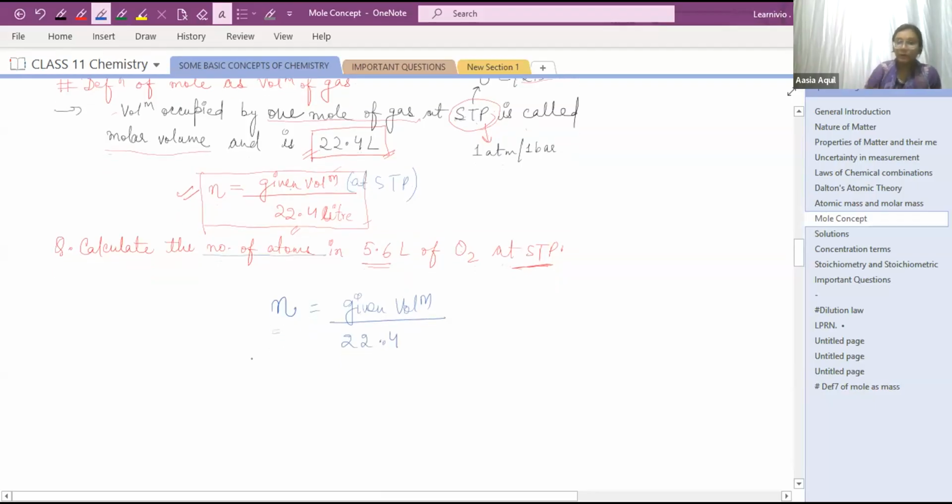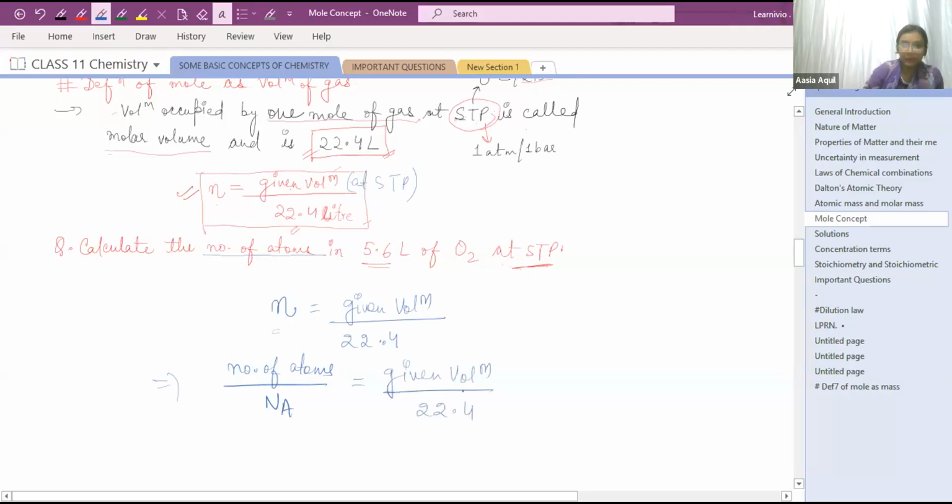And we know that the number of moles is equal to the number of atoms divided by the Avogadro number. So can we substitute this value right here? Can we substitute, Amna? Yes. The number of moles we know is number of atoms upon the Avogadro number. So we are just substituting it over here, equal to the given volume divided by 22.4.